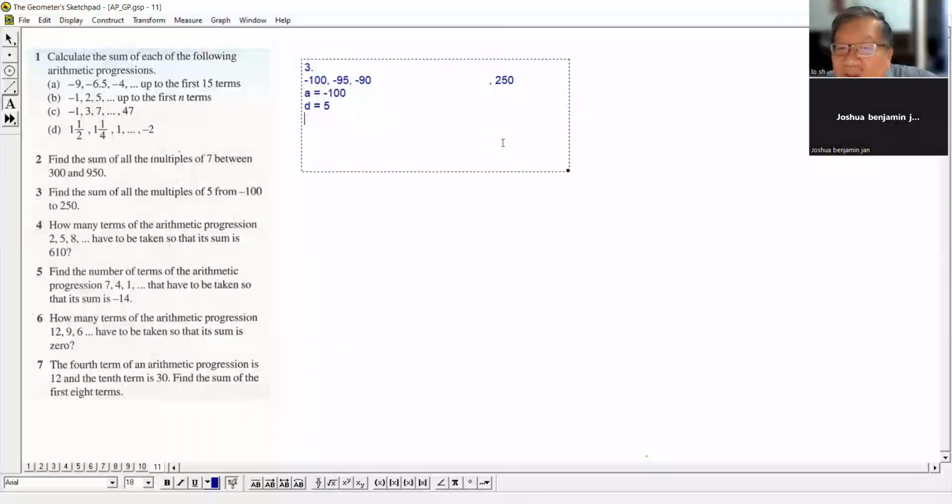If you want to find the sum of all these numbers from negative 100 to 250, what are the 3 things that you need to know? I told you earlier: A, D, and N. So how to find N? 250, what term number is it?